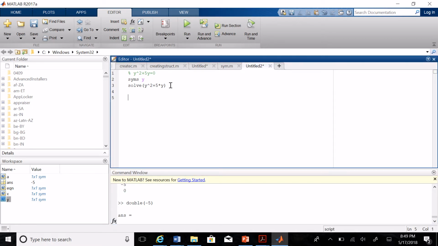This is one way of doing that. Another way is, let's say I want to solve this equation. You can do it in 2 lines, or you can say E is sym and put the equation there. That would do the same thing.